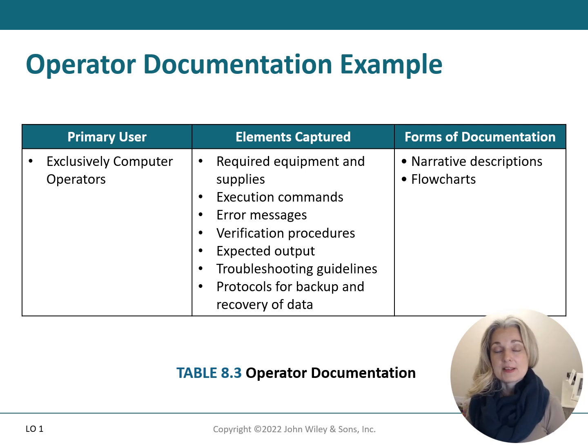The elements that are captured include the required equipment and supplies, the various execution commands, error messages, verification procedures, what the expected output is, in case there's a problem, what the troubleshooting guidelines are, and protocol for backup and recovery data. And in this type of documentation, we have our narrative descriptions and flowcharts. We don't have those ERDs anymore.